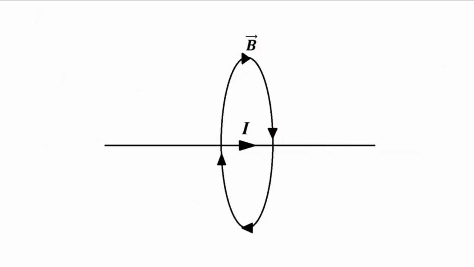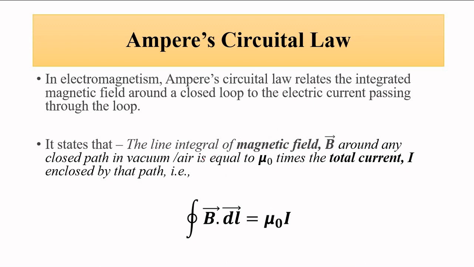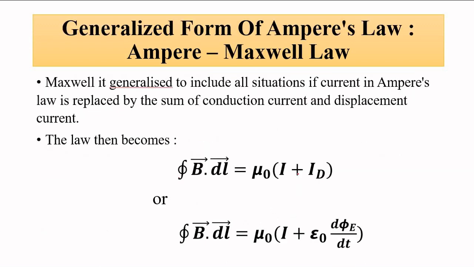So this is Ampere's circuital law, which started the confusion, and then Maxwell modified it to this, which we discussed in the previous video, where the line integral of the magnetic field is equal to mu 0 times the conduction current I plus the displacement current ID, which can be expressed as epsilon 0 d phi by dt, which is the rate of change of electric flux with respect to time.